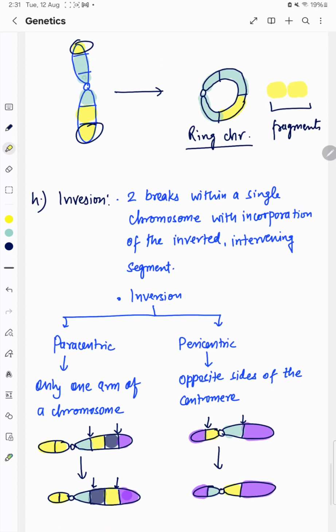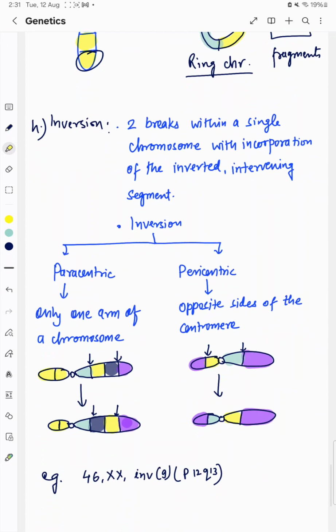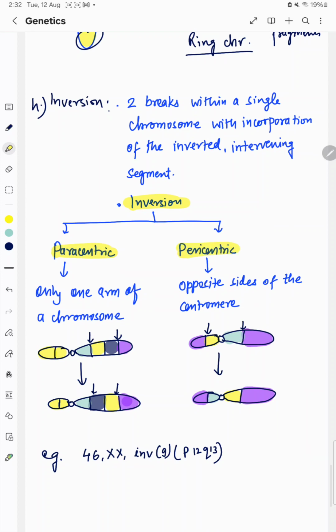Now we will discuss inversion. So what is inversion? Two breaks within a single chromosome with incorporation of the inverted intervening segment. Inversions are of two types, paracentric and pericentric.